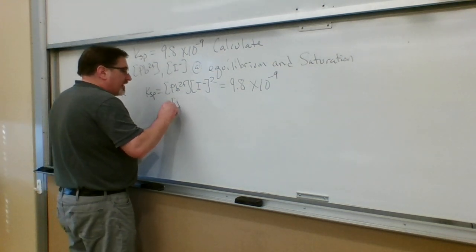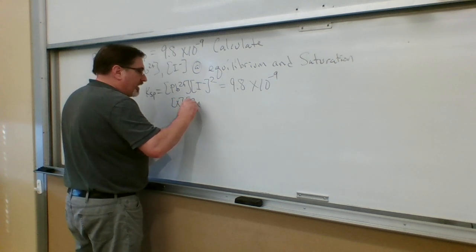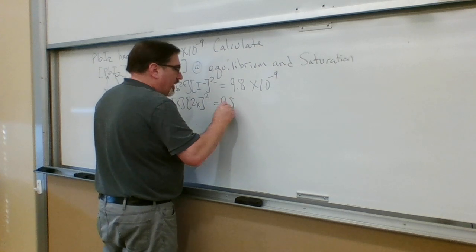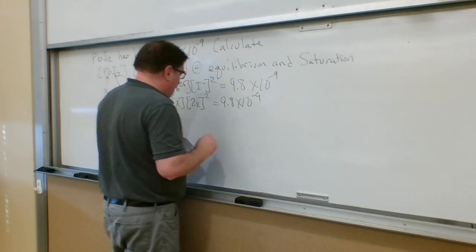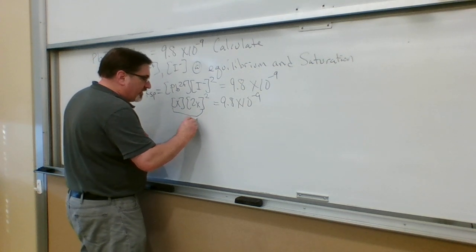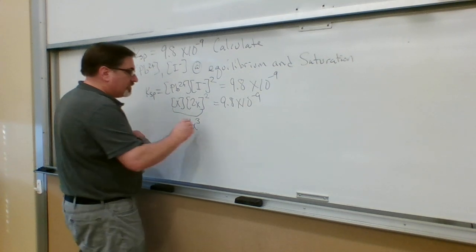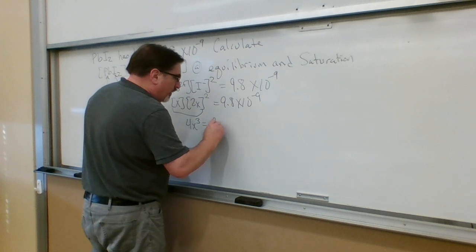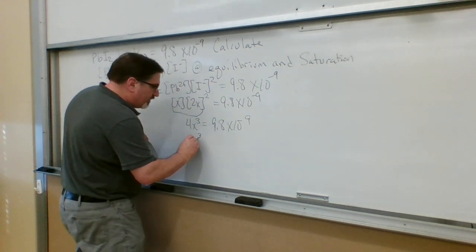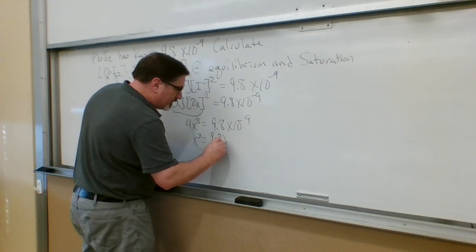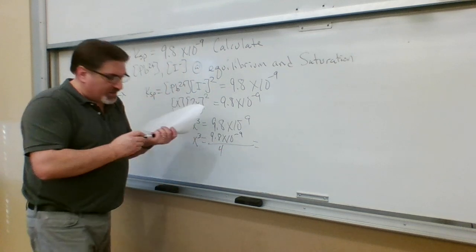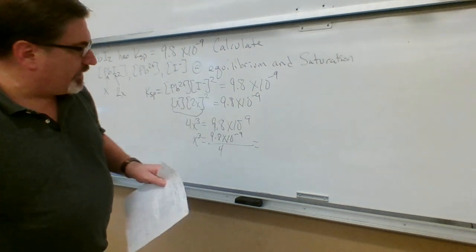So I have X times 2X quantity squared equals 9.8 times 10 to the minus 9th, which, as I simplify that, we get 4x cubed, like we had before in one of our problems, equals 9.8 times 10 to the minus 9th. X cubed is 9.8 times 10 to the minus 9th divided by 4, which has a numeric value we can calculate pretty easily.